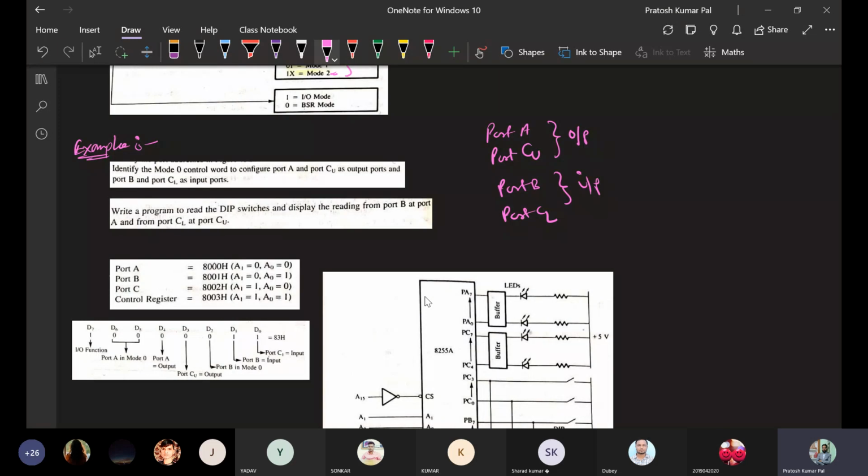So we need to find out the value of the control word. What should be the value of the control word?